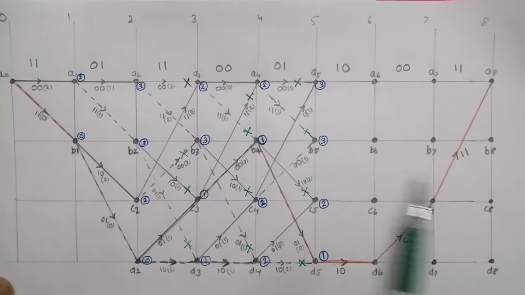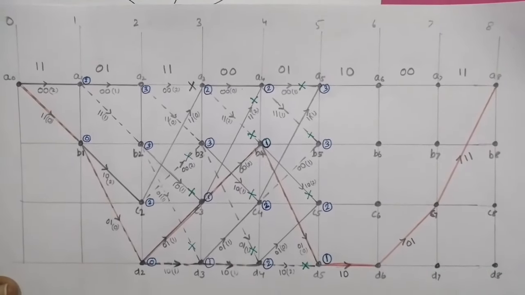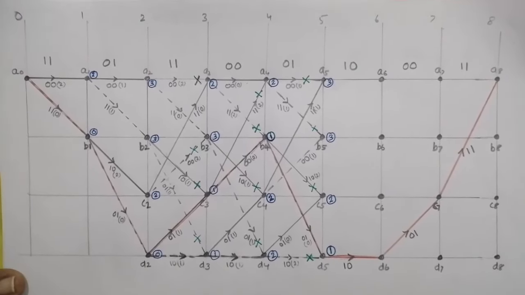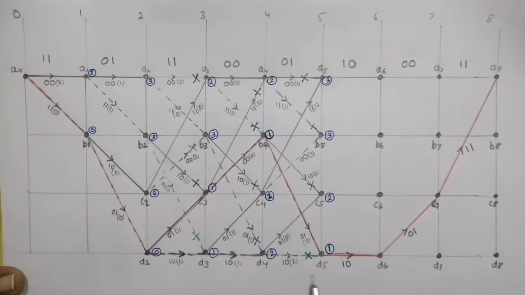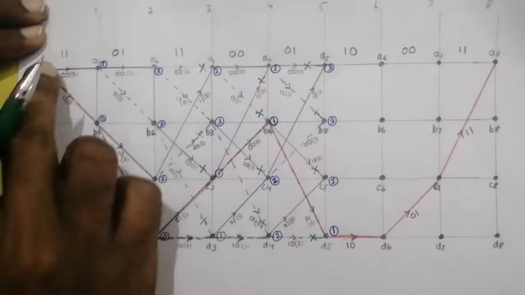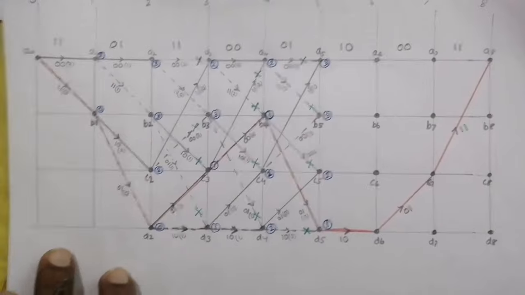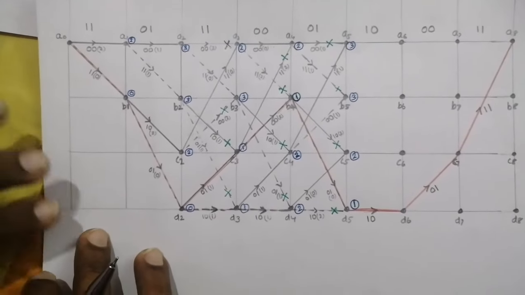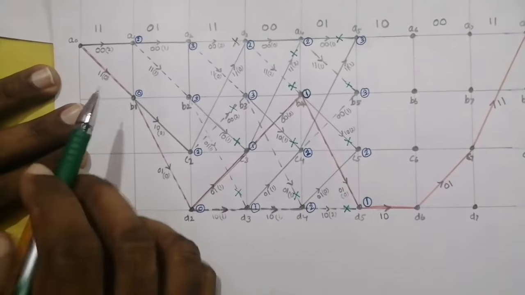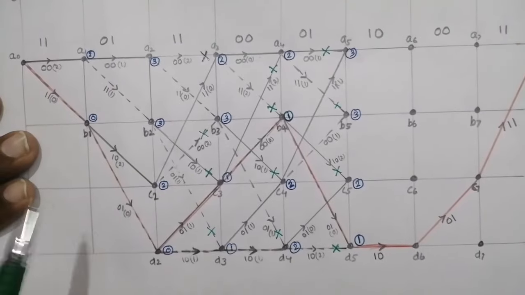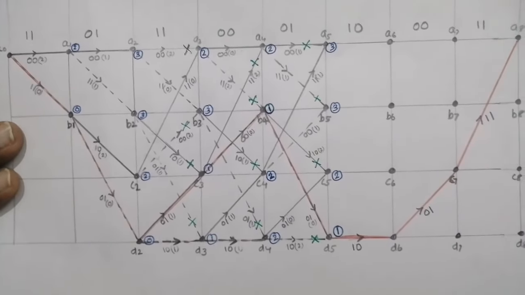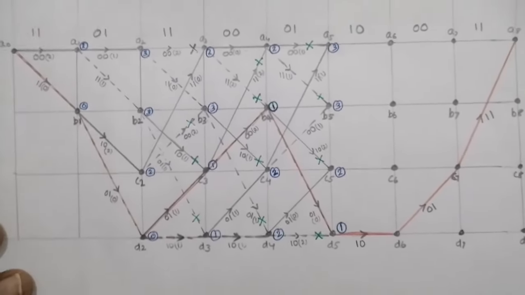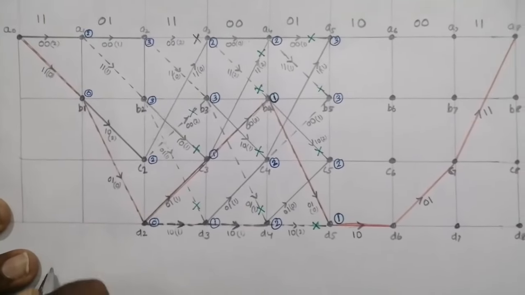Now our aim is to find the decoded sequence. So the received sequence is this. Now how will you find the decoded sequence? We have the corrected sequence. Corrected sequence is, I will write like this, 1 1.